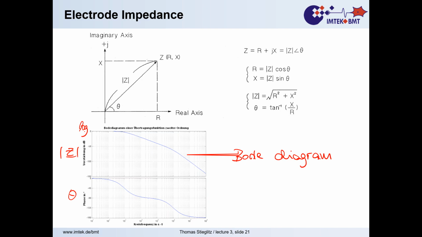You don't see it here in that graph because this is already the magnification in decibel, and the decibel is a unit that is already logarithmic. So therefore we have no logarithmic scales here in that display, but the y-axis is logarithmic and the x-axis is also logarithmic. And in that case we see here a decay and we see here a decay. And if we would go further to the right, we would probably see that this goes into a constant value.